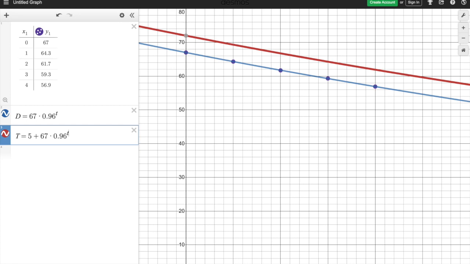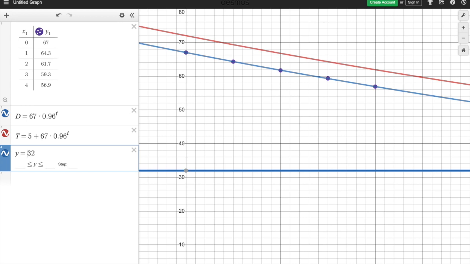So there it is in red, and you should notice that it's pretty close to the blue graph. It's just been shifted up by 5 degrees. And we're doing the crossing graphs method where T, the function, is equal to 32. So we'll also need to graph the line y equals 32.